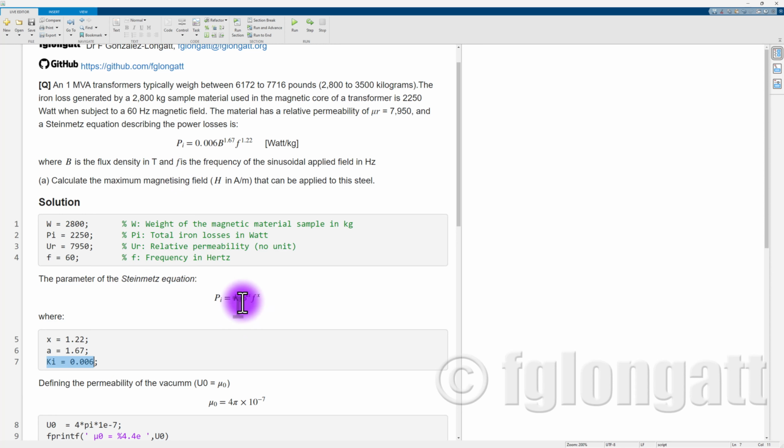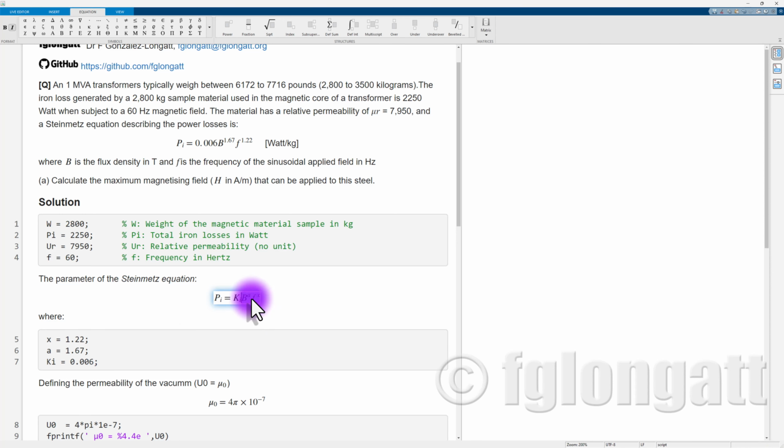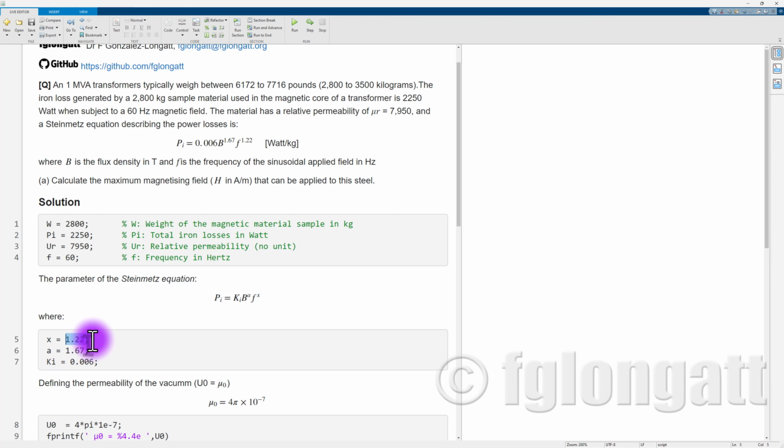We have a magnetic flux density that is the value that we are interested in calculating. But we have the exponent A that is 1.67, and also we have here the frequency 60 Hz and the exponent that is 1.22, and we are using the letter X.